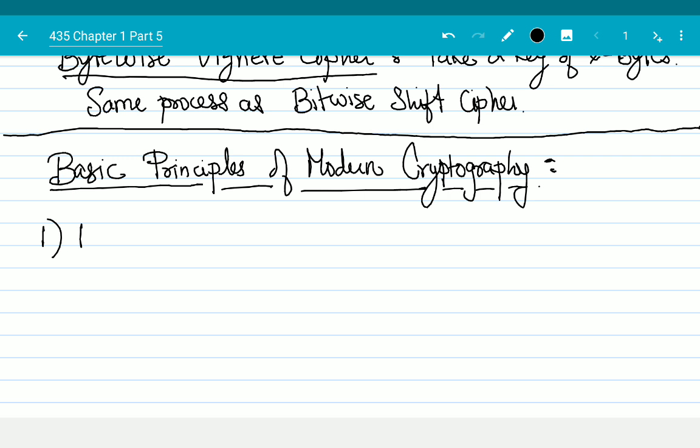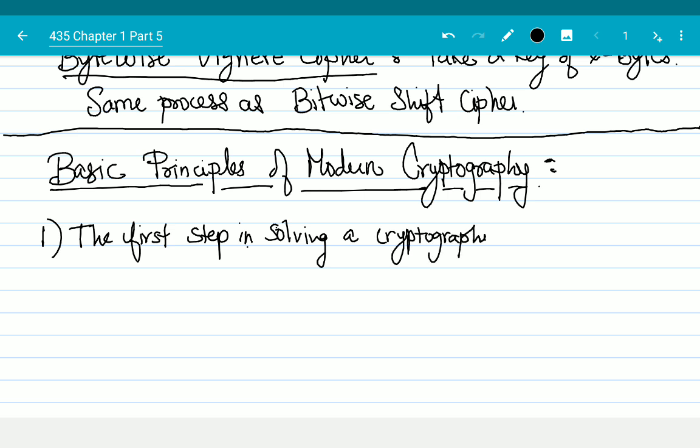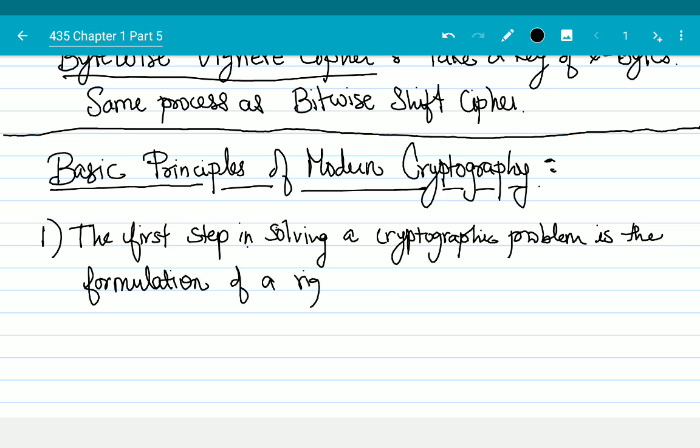The first step in solving any cryptographic problem is the formulation of a rigorous and precise definition of security.